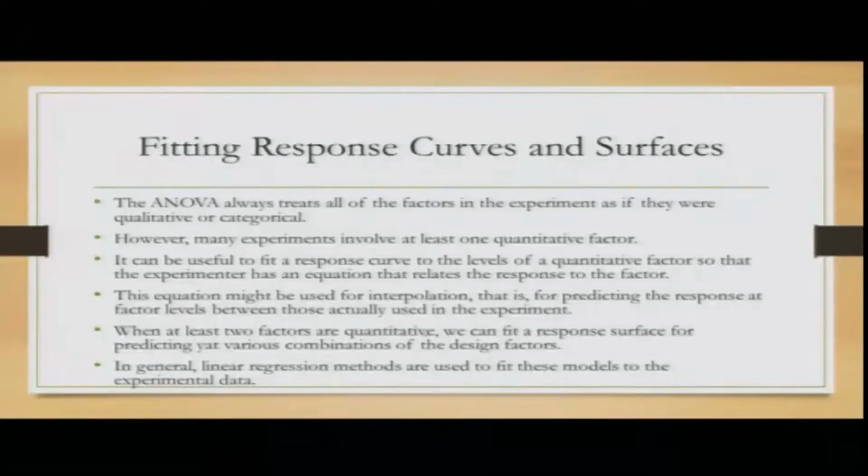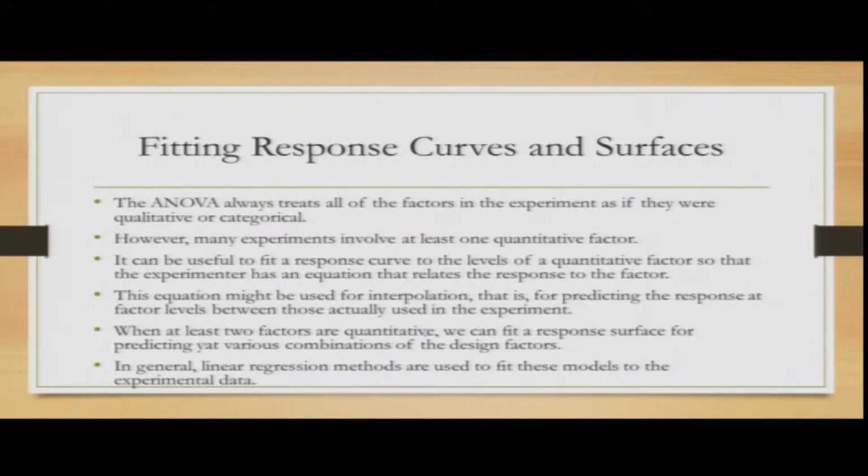Now, you want to study something about fitting response curves and surfaces. ANOVA always treats all the factors in the experiment as if they were qualitative or categorical. However, many experiments involve at least one quantitative factor. It can be useful to fit a response curve to the levels of a quantitative factor, so that the experimenter has an equation that relates the response to the factors and builds up the model accordingly.